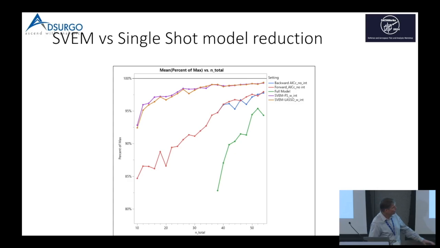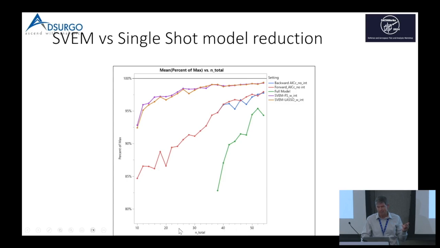We looked at the percent of max, where higher is better, across a whole bunch of different options. The SVEM ones up here, whether we're using the lasso, which we'll talk about in the generalized world, or just regular forward selection with SVEM, performed quite a bit better.